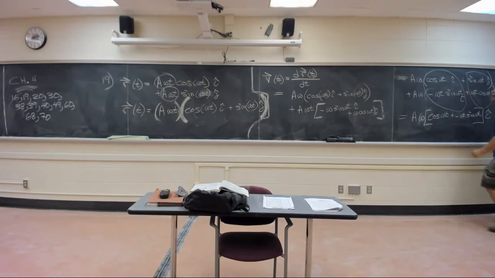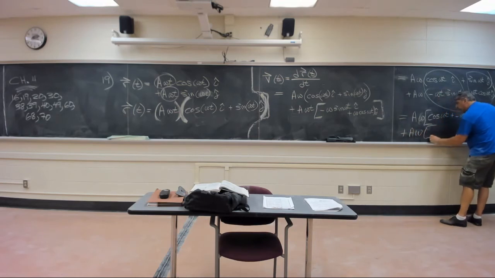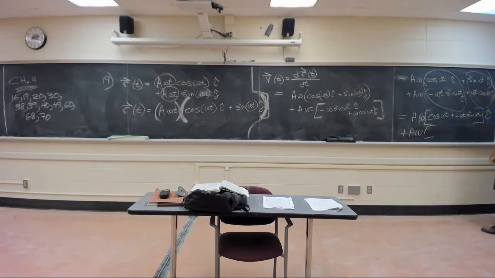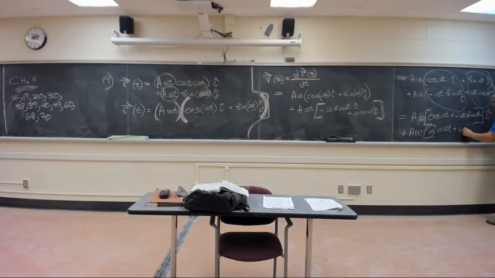We got that. That's i. Then we got the other one, and the other one is sine omega t plus omega t cosine omega t. Just saying it and writing it is harder than actually doing it, you guys. But that's about where it went.